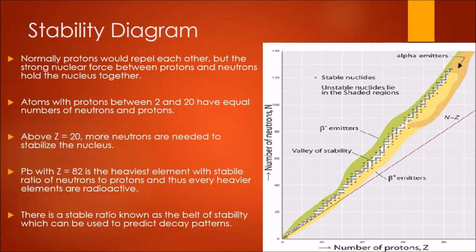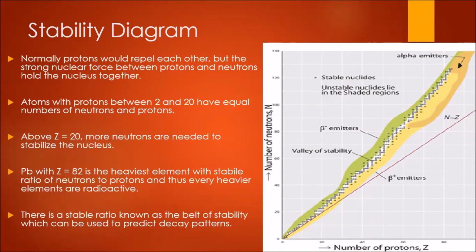So anything heavier than lead is, by definition, radioactive. Polonium, astatine, radon, francium, radium, all these guys, everything past lead is radioactive by default. There is nothing that's going to make that stable.